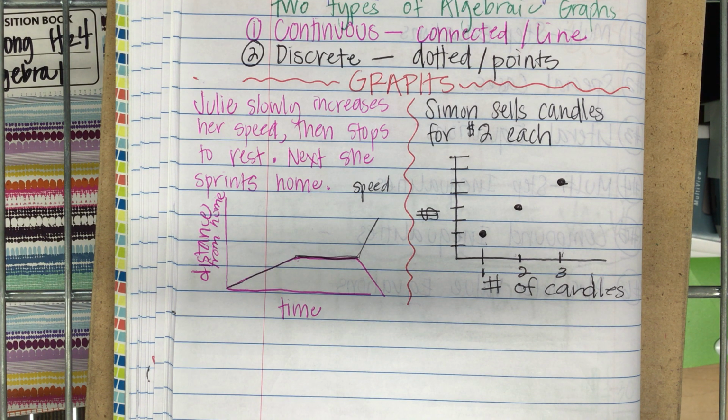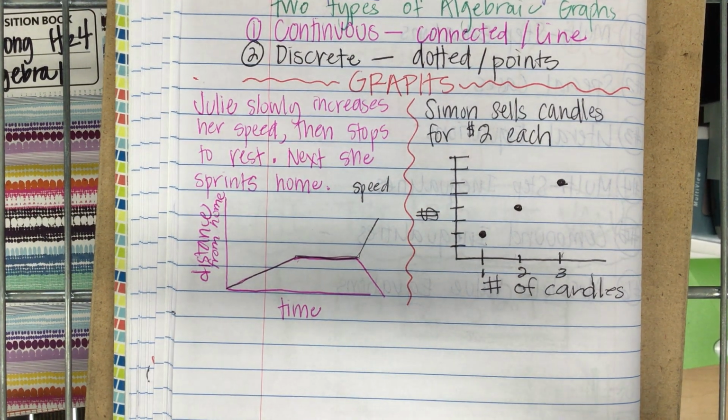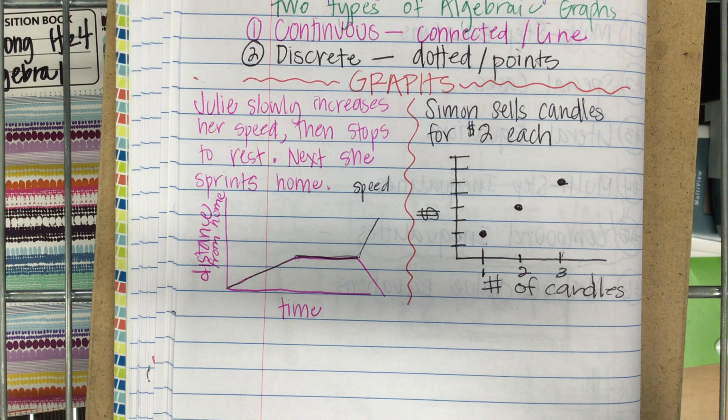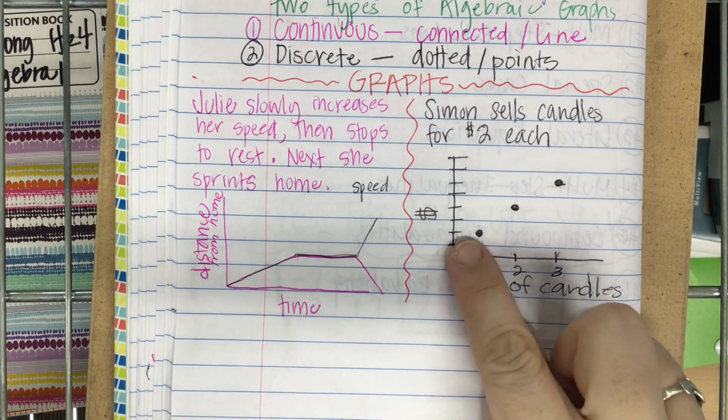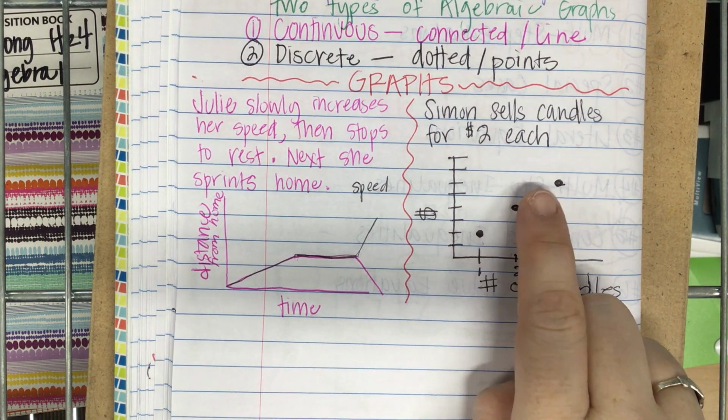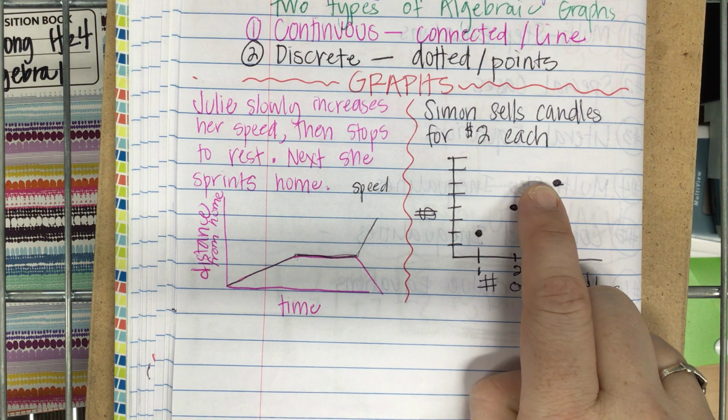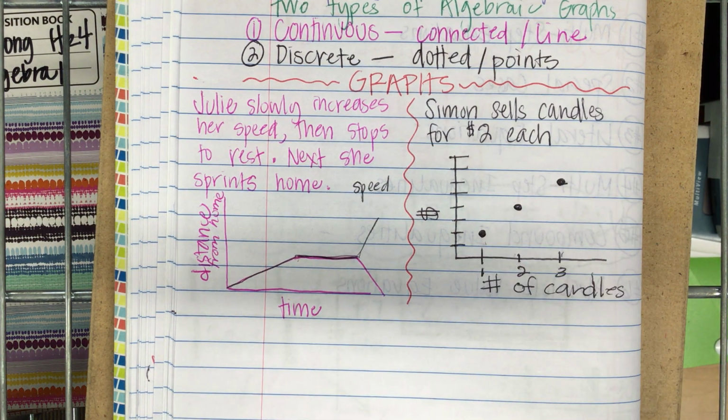If I went up to Simon and I said, "Hey Simon, I have $5.99. Can you just shave off a little bit of that candle and I'll buy it?" He's going to say, "No, ma'am. Get out of my store." There is no way for Simon to make that in-between amount because you buy an entire whole candle.